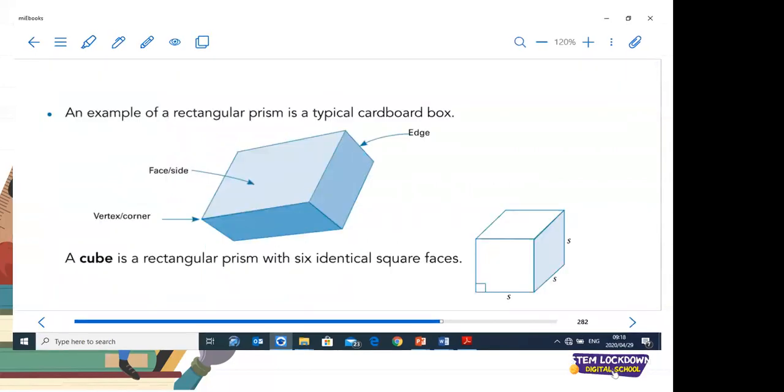We have done many examples, and at this point, it should be very clear that a rectangular prism is just like your typical cardboard box, which consists of the face, the edge, and the vertex. The vertex is simply the corner, as I've said. A cube is therefore a rectangular prism with 6 identical squares.